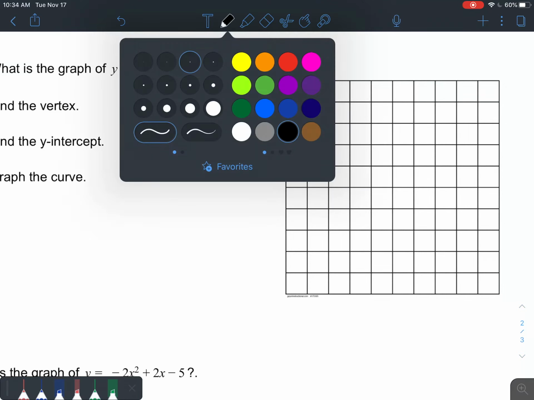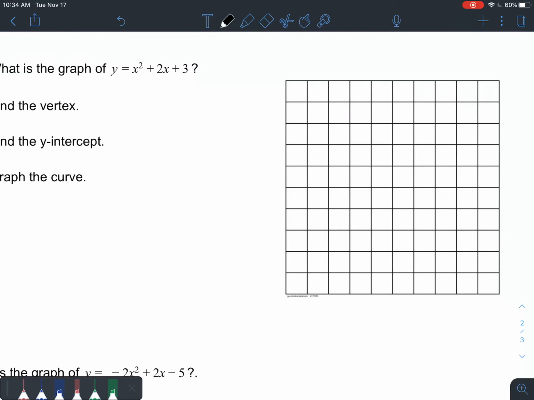Of course it didn't straighten out when I needed it to. Let's try again. Oh, man. Struggling. There we go. And we'll put this down here.